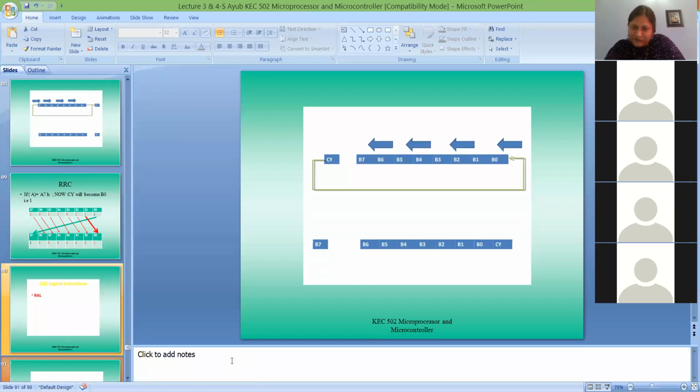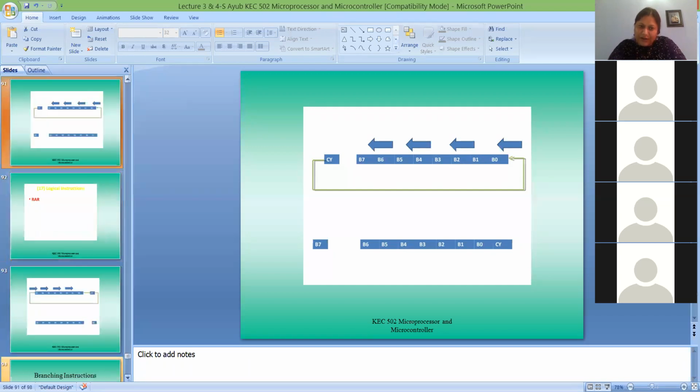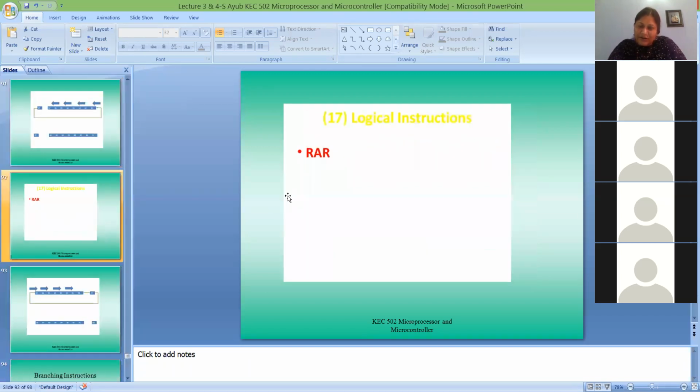So the assignment is that if your accumulator contents are A7 and your carry flag is 0, what will be the result of RAL and what will be the result of RAR? What does RAR stand for? RAR stands for rotate accumulator right with carry, because C is not mentioned over here, so it is with carry.